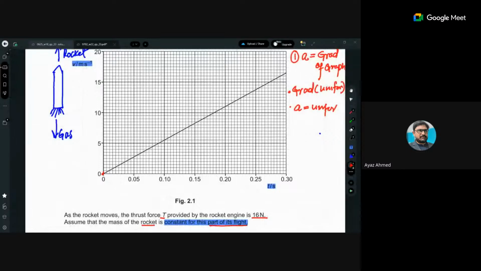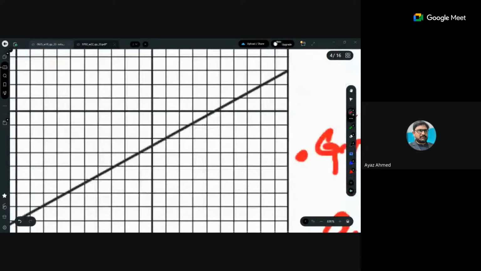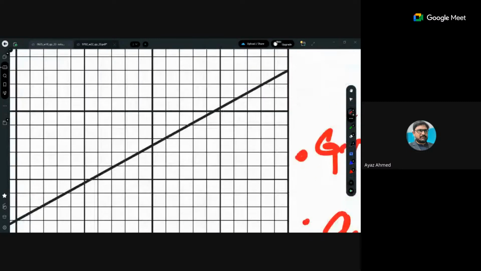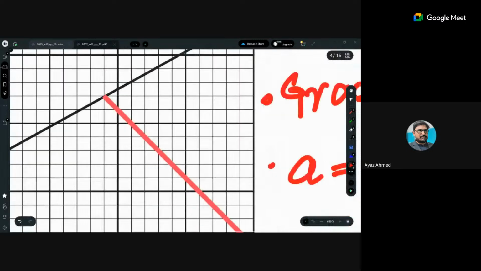So best description for the gradient is, आप कोई ऐसी points ले लीजिए where the graph is having a corner. Corner का मतलब मैं आपको बता दूं, this can be 1 point. You can take 1 point over here, right? यहाँ से आप एक point ले सकते हो.